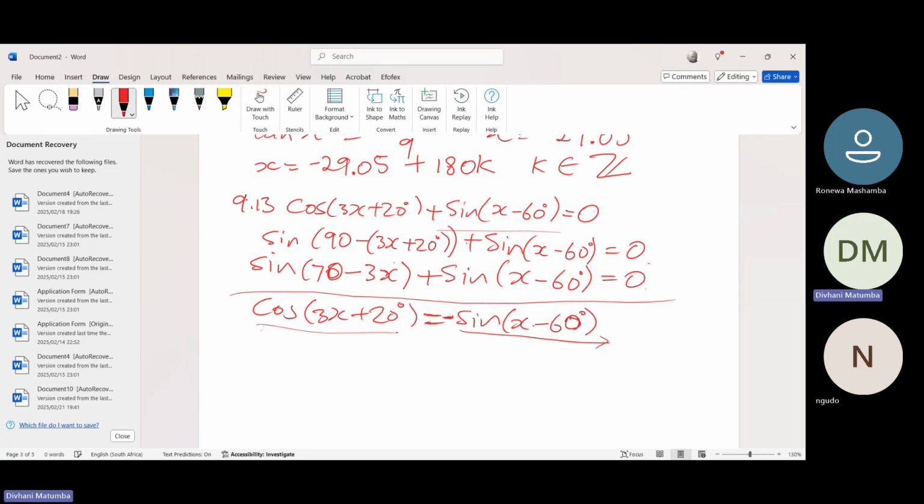Let me use this side. Do you know any quadrant where the cos is negative? Because I am trying to match that negative there. Do you know that quadrant?